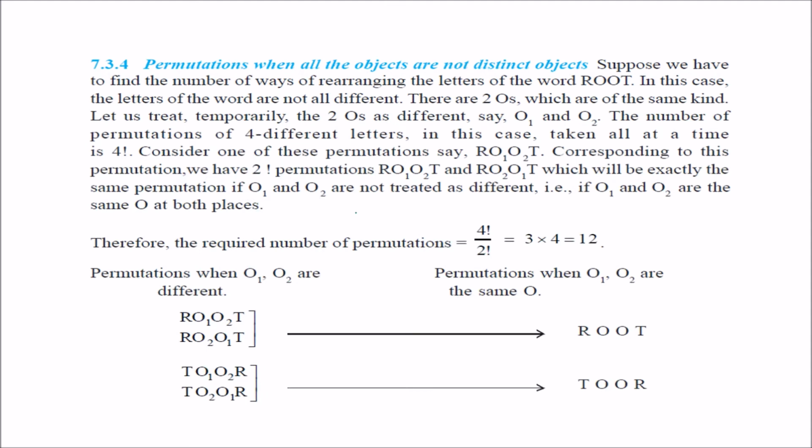Now when we talk about permutation of non-distinct objects, just take an example of the word root. Name the o's as o1 and o2. One time it can be r o1 o2 t, and next time it can be r o2 o1 t.